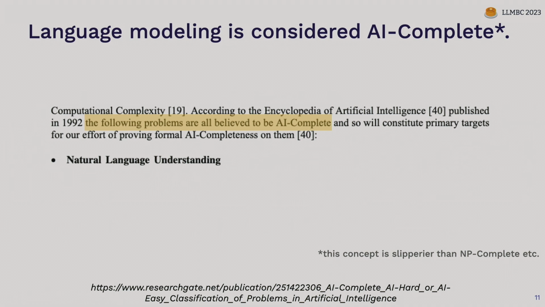So language modeling, according to a lot of folks who are deep in the AI world, folks often consider language modeling AI complete. What that means is if you were able to model language perfectly, if you were able to predict the next word in the sentence as well as you possibly could, then you would have a system that you could consider artificial general intelligence. So what does AI complete mean concretely? It's a pretty slippery term.